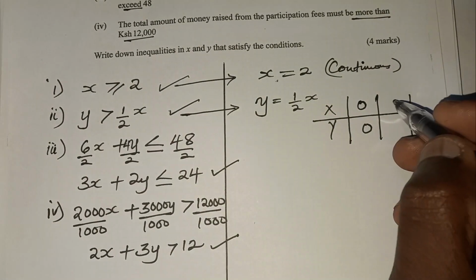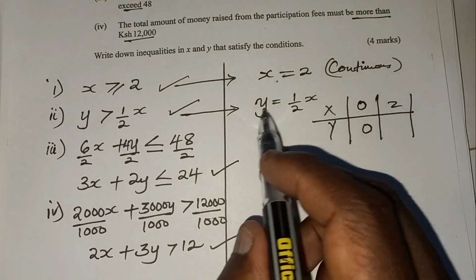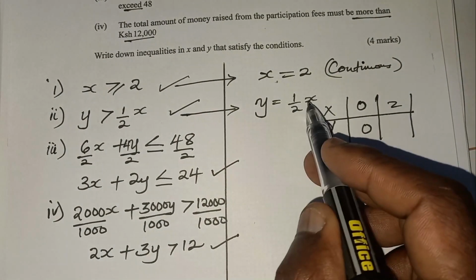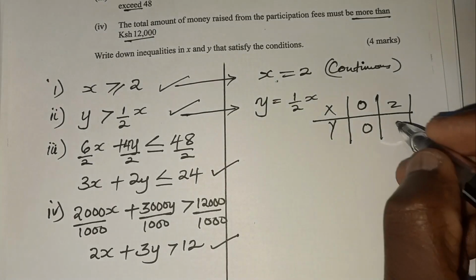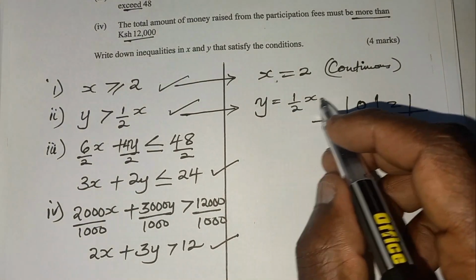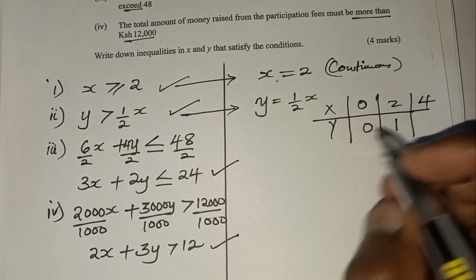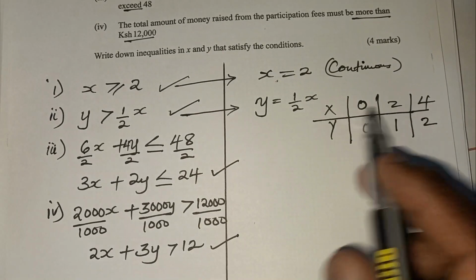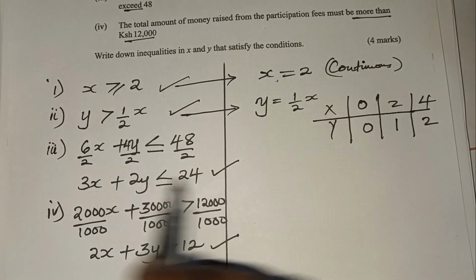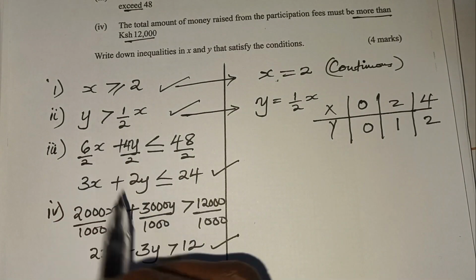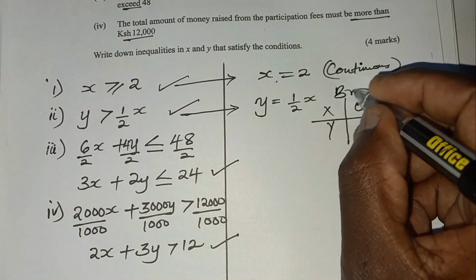When x is 2, you can choose any point as long as you're using this equation to substitute these values. So when x is 2, substitute in that equation, you get y will be 1. When x is 4, y will be 2. So these points are enough to draw that line. And since this one is greater than, there's no equal sign there. So this line should be a broken line.